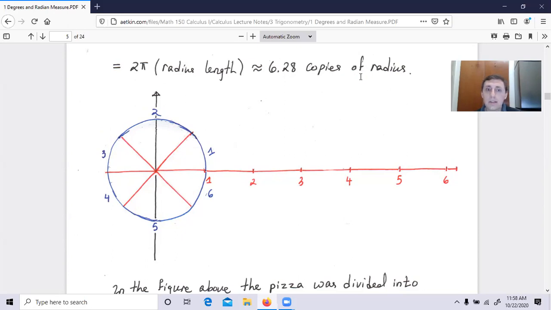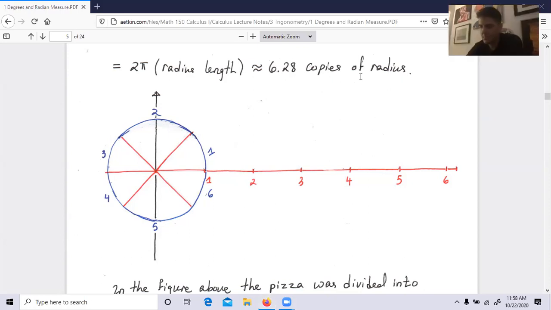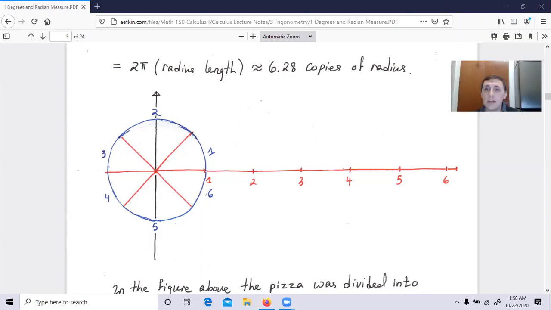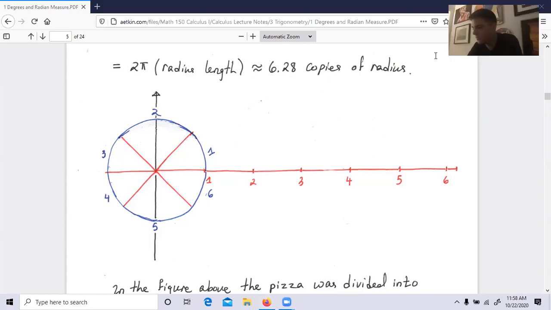Here is a simple comprehension check. The degree is a slice, right? So let's say I have 5 degrees, guys. In the comments, if I say 5 degrees, what am I really talking about? I have 5 degrees. It means, what did I do?